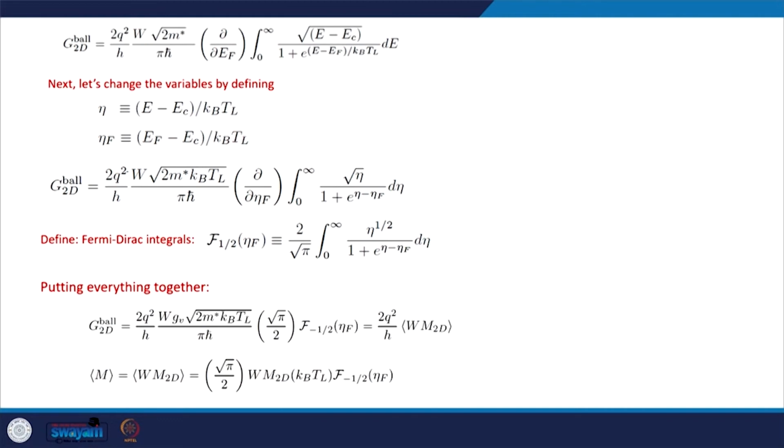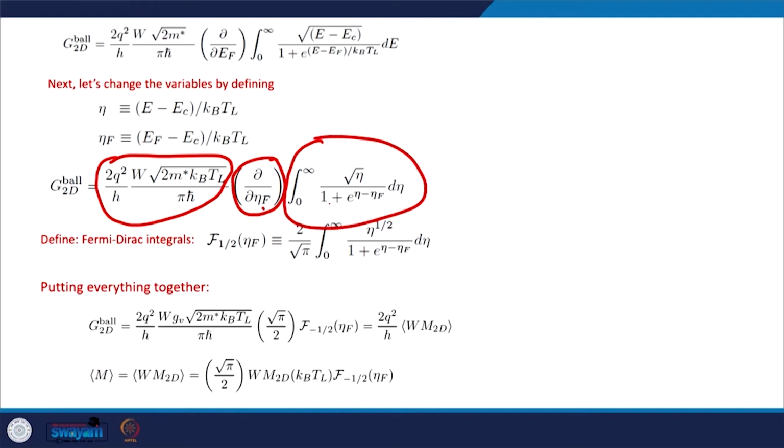Apart from this constant term, we are left with a derivative with respect to eta f and an integral of square root of eta divided by 1 plus exponential of eta minus eta f, d eta. This we saw in our last class as well, and today, with a bit of background of Fermi-Dirac integrals, this is now more clear. I hope this is more clear now.